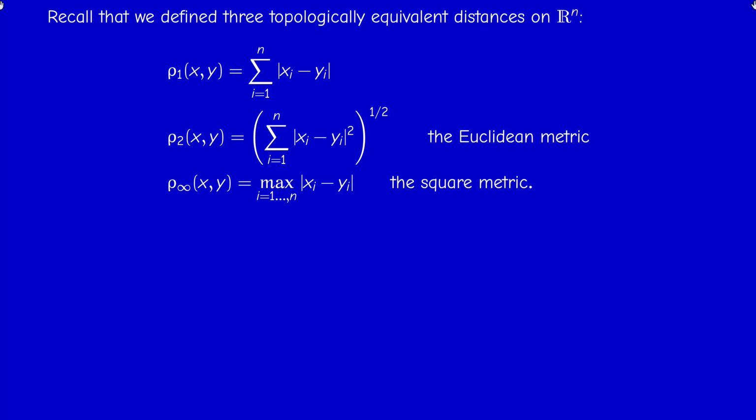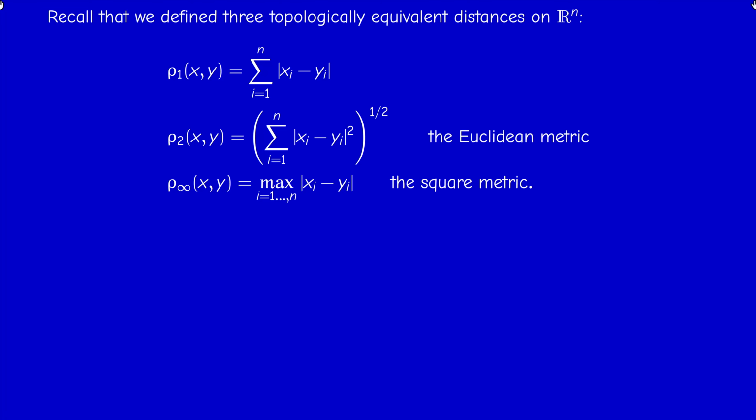Okay, now I will talk about compact subsets of Rn. Recall that in Rn we defined three topologically equivalent distances: ρ1, which is the sum distance, the Euclidean distance ρ2 that you know, and the square distance or the infinity distance that we considered in chapter 1.